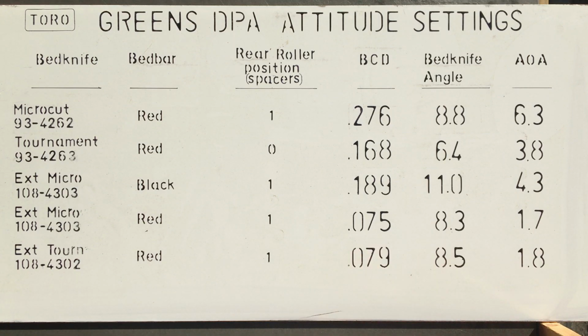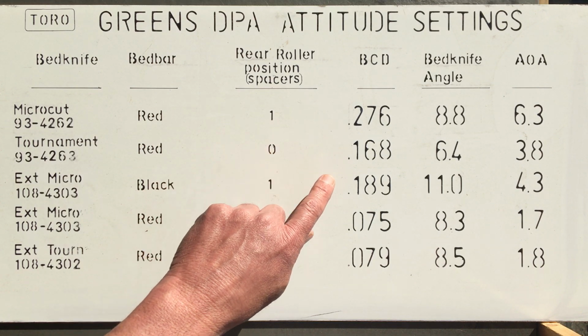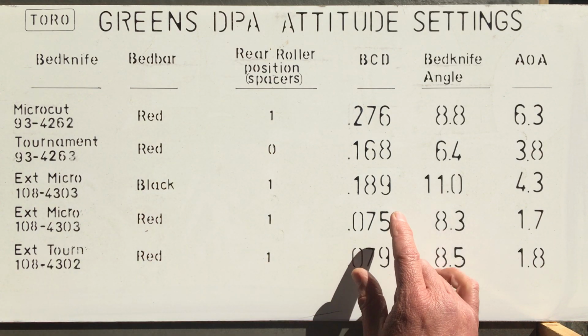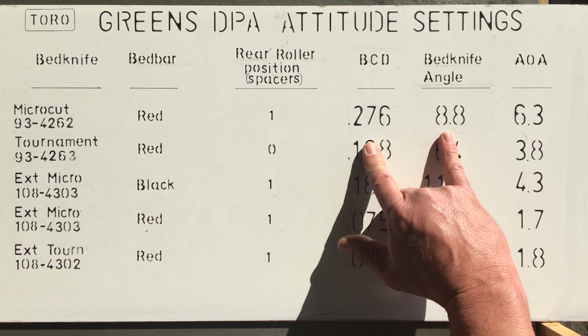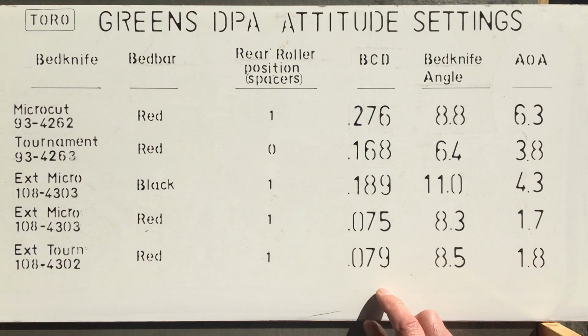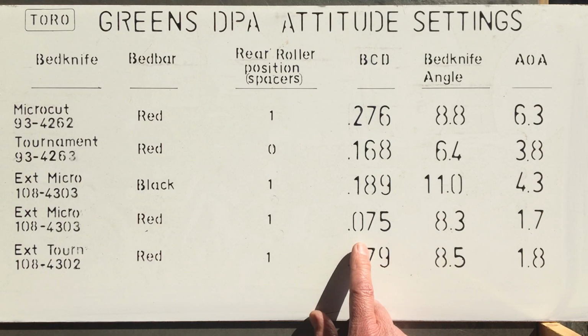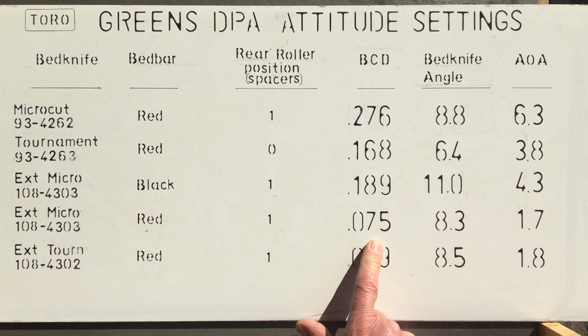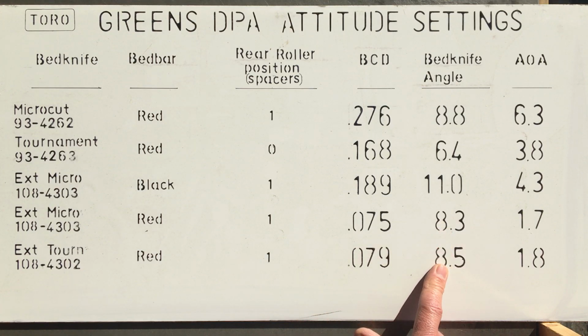If you look at the BCDs compared to the attitude, you will see that there is no correlation there. These two setups here have almost no aggression, very little behind center distance, but the attitude is in the mid 8 degrees.